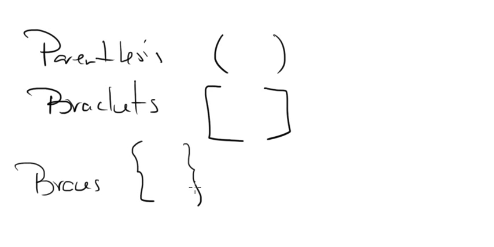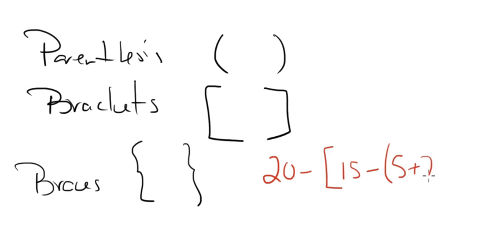So we could have a problem that might look like this. It could say 20 minus, and we put our brackets, 15 minus, and then parentheses, 5 plus 7, close parentheses, close bracket.